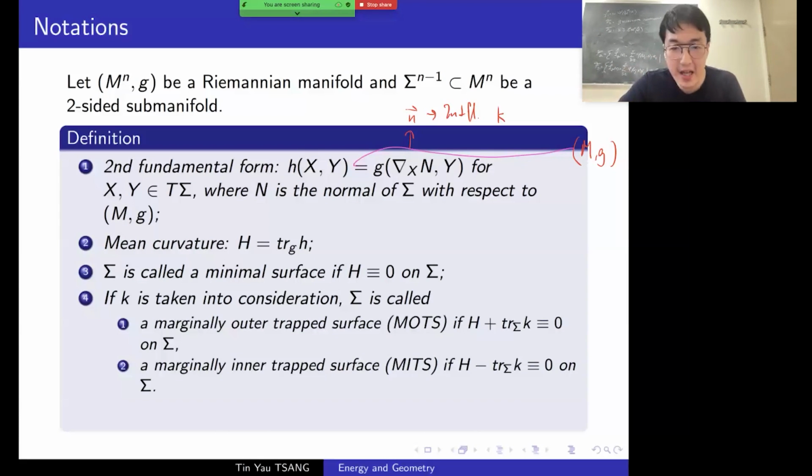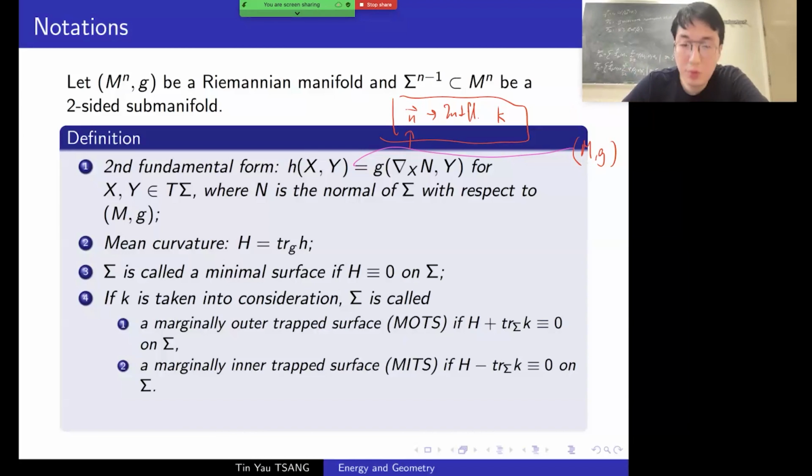Now because we take k into consideration, k restricted to sigma is with respect to the time-like normal. So if k is taken into consideration, sigma is called a marginally outer trapped surface, MOTS, if H plus tr_sigma k identically vanishes. Correspondingly, H minus tr_sigma k equals 0 is called a marginally inner trapped surface, MITS.